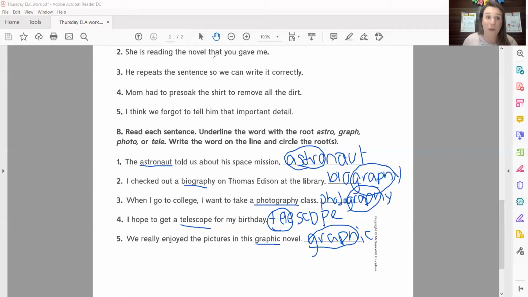And the only way you're going to know them, you guys, because you don't speak Greek or Latin, is by reading your context clues, and that's what you're going to do tomorrow in your tests. So make sure you use your context clues that we've been practicing all week.